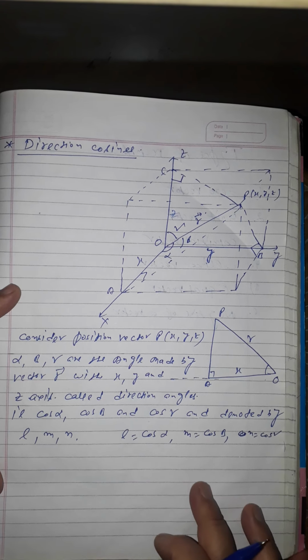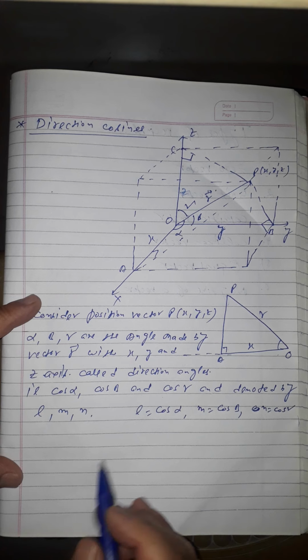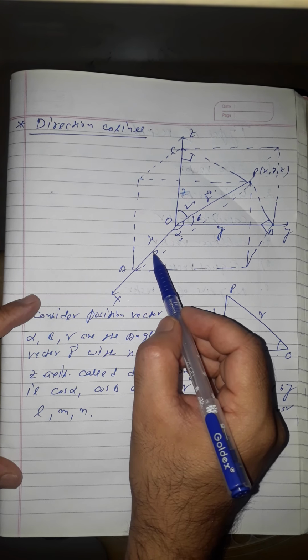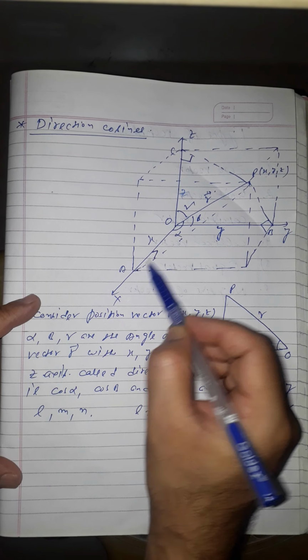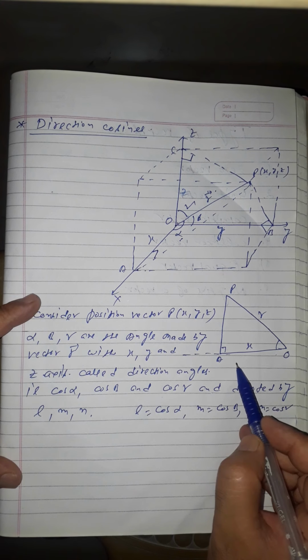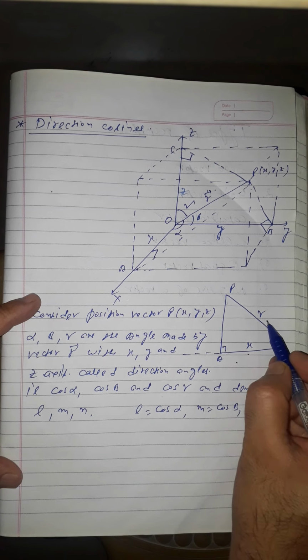Later on we will make use of it. Now students, if you see here is a right angle, this triangle OAP is a right angle triangle. x is the base and r is the hypotenuse.